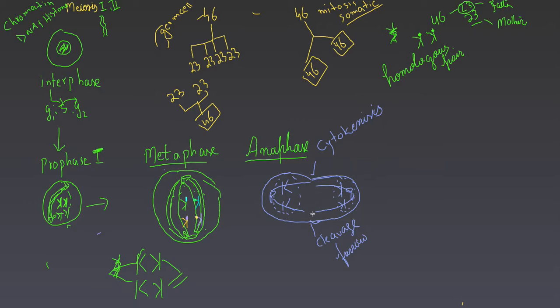So they occur simultaneously, and so at the end of anaphase 1, so this is metaphase 1 and this is anaphase 1, you end up with two cells, and two chromosomes, like they have a chromosome with two attached chromatids in them.